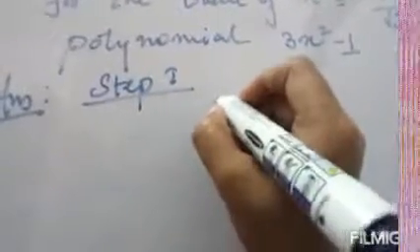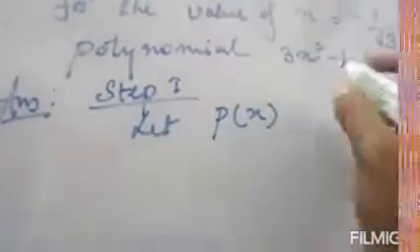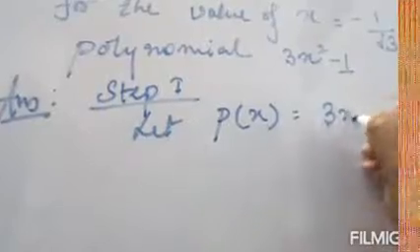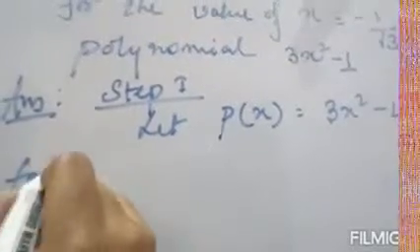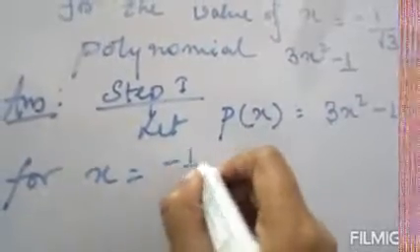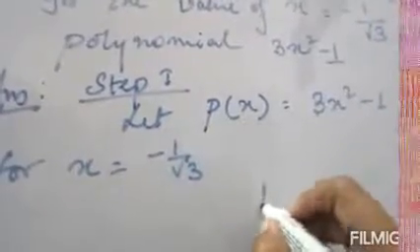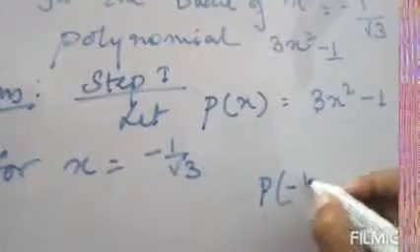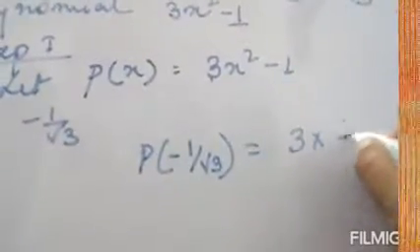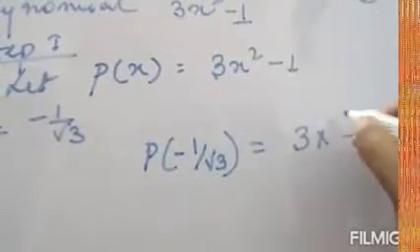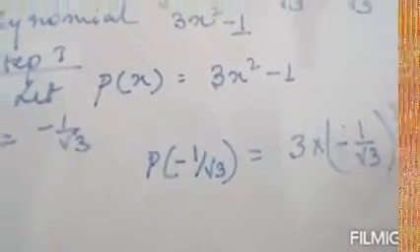Okay, so let p(x) is equal to 3x square minus 1, for x is equal to minus 1 by root 3. P of minus 1 by root 3 is equal to 3 into minus 1 by root 3 whole square minus 1.